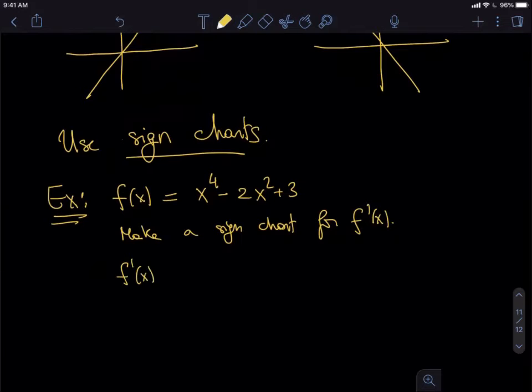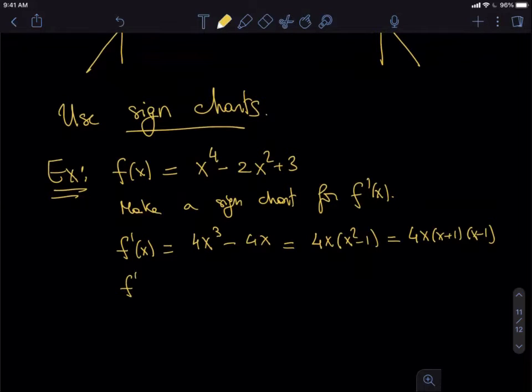So to make a sign chart, first thing we need to do is to compute the derivative. So it's 4x to the power 3 minus 4x, and that's it. The plus 3, when we take the derivative, disappears. That means 4x times x squared minus 1, that is 4x times x plus 1 times x minus 1.